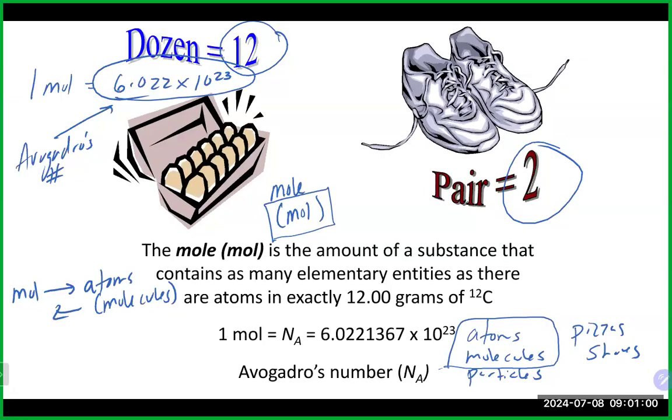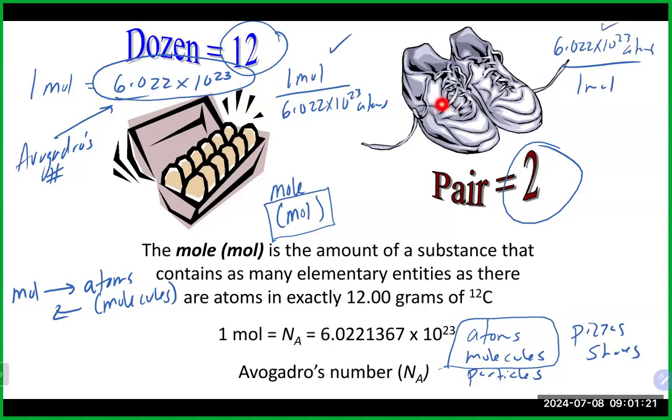It can be used as 1 mole over 6.022 times 10 to the 23 atoms. Or you can flip it around and use Avogadro's number up on top over 1 mole. So these are really the two conversion factors that we use with Avogadro's number.